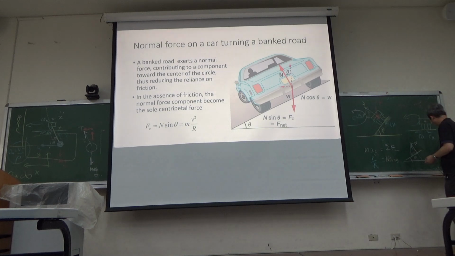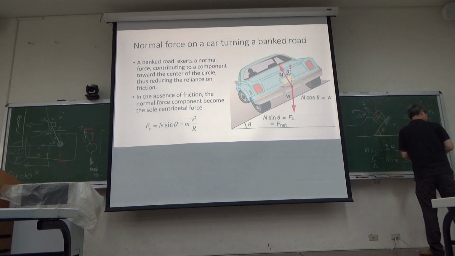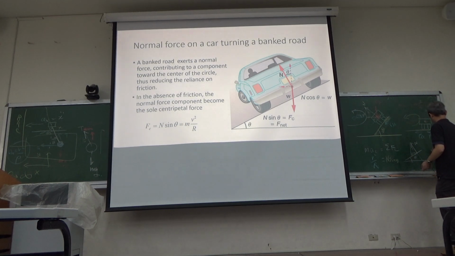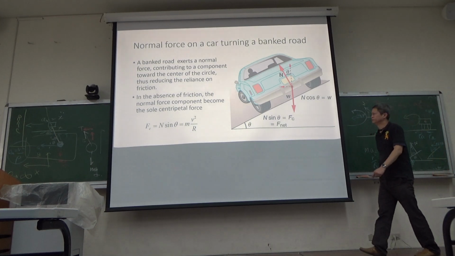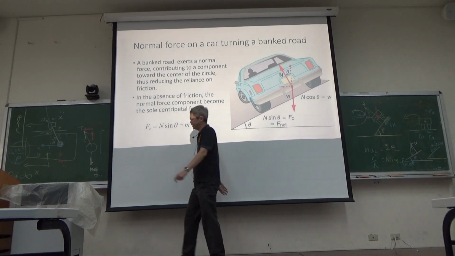Of course, if there is friction, let's draw that too. You draw a slope, there is a friction force, and you want to find the horizontal component. This is the friction force times cosine theta. In this way you can do the analysis.